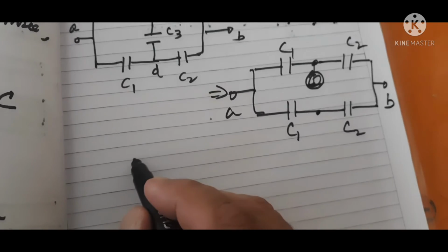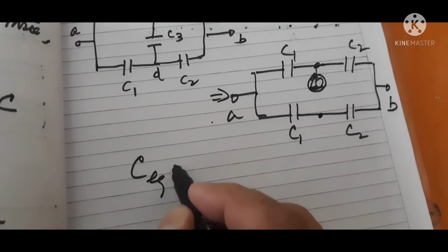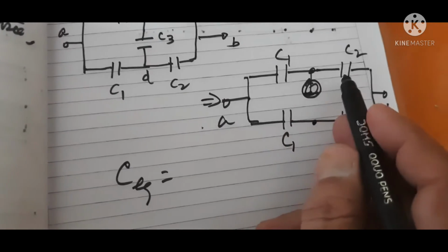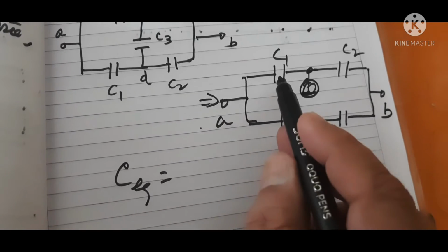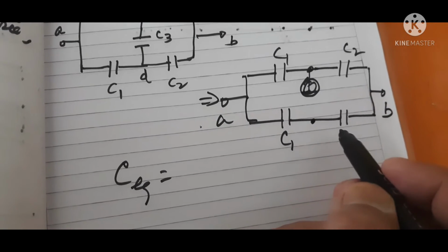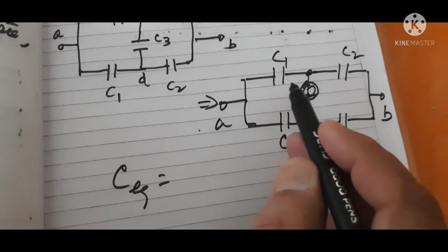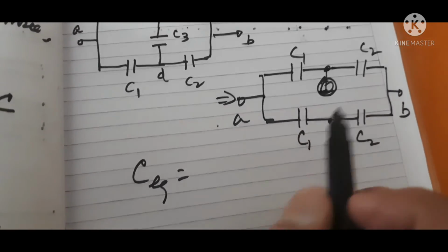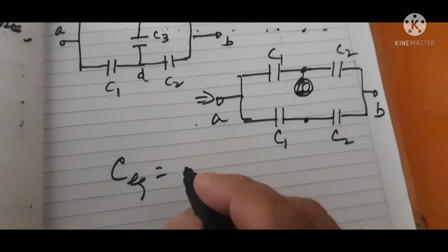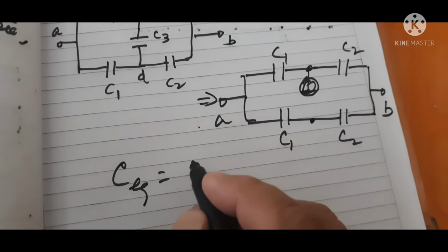So for the equivalent capacitance, these two are in series and these two are in series, and the resultant will be in parallel. So how to write? This way.